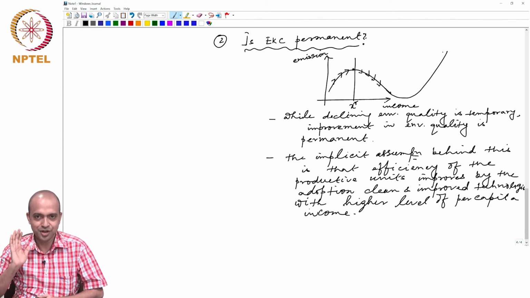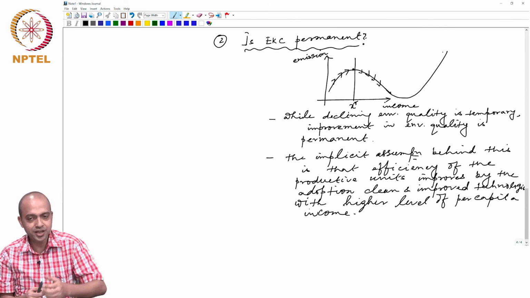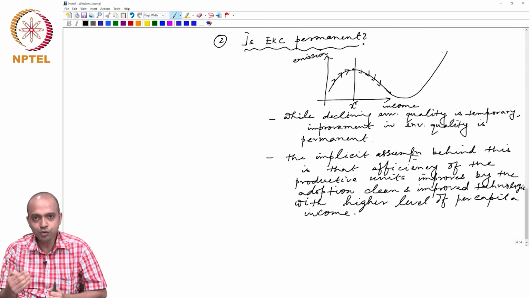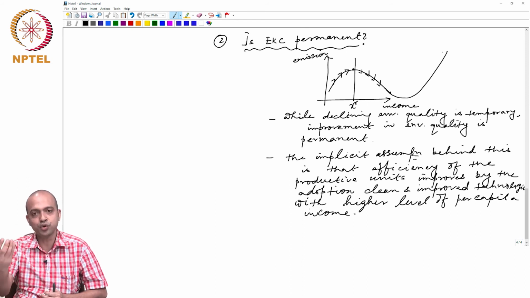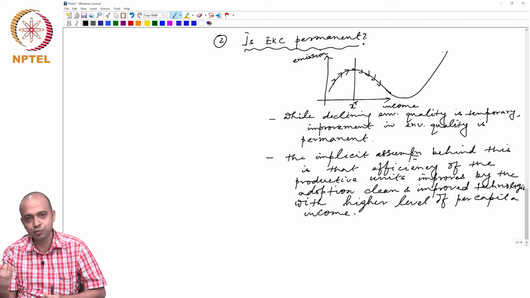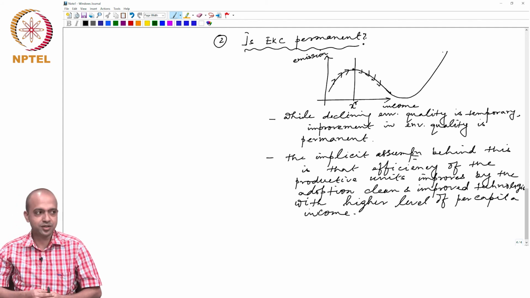It can also be explained, even though the economy were able to adopt certain advanced technologies, that technology will also come to its limiting end. The technology which was advanced and clean 10 years back, when you keep on producing, its capacity to produce more output with lower amounts of pollution will come to an end, and then we need to go for the next level of technological innovation, which takes some amount of time.